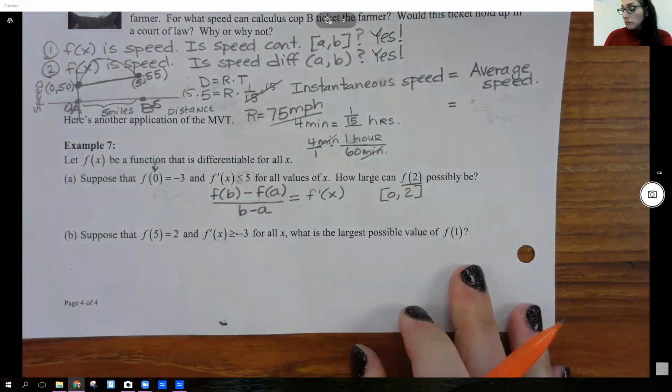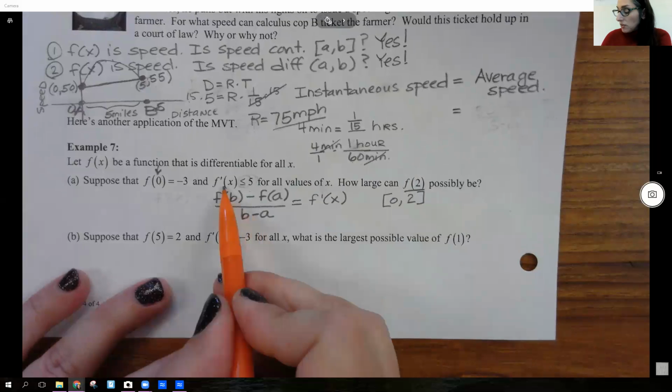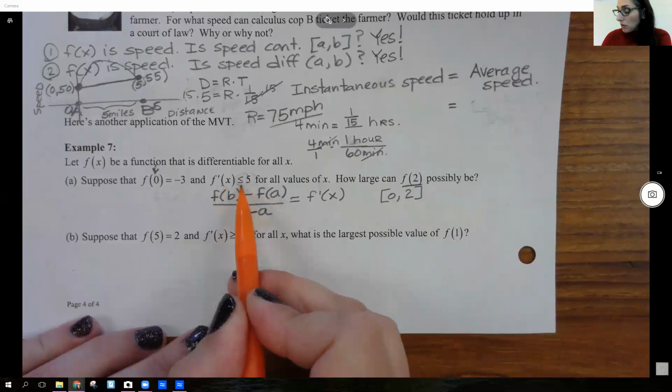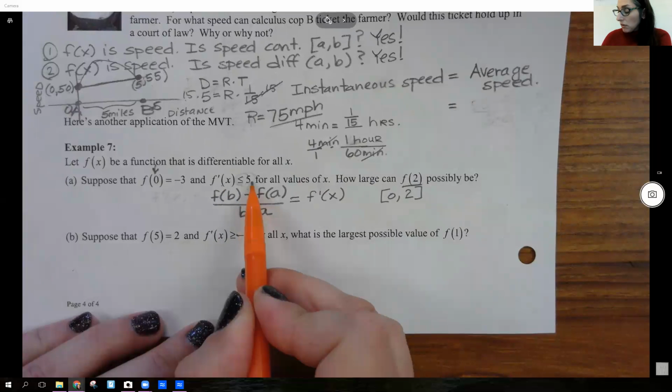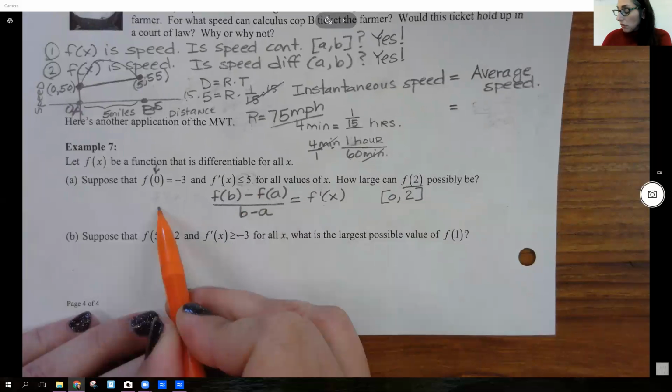It's really up to you, to be honest. Maybe that makes it worse. Maybe we should keep it on the other side. This derivative has to be less than or equal to 5. So does that help if we put it there? Or should we keep it over here?